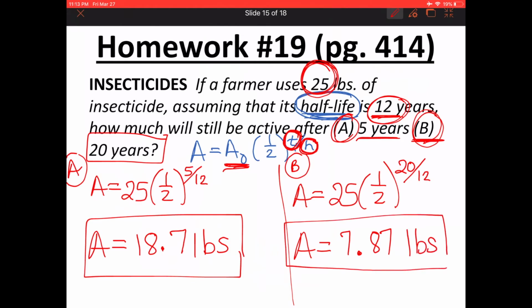And again, we want to look at our answer, see if that makes sense, and it does. If we're gradually decaying, after 5 years, I have 18.7 pounds. After 20 years, I have 7.87 pounds.